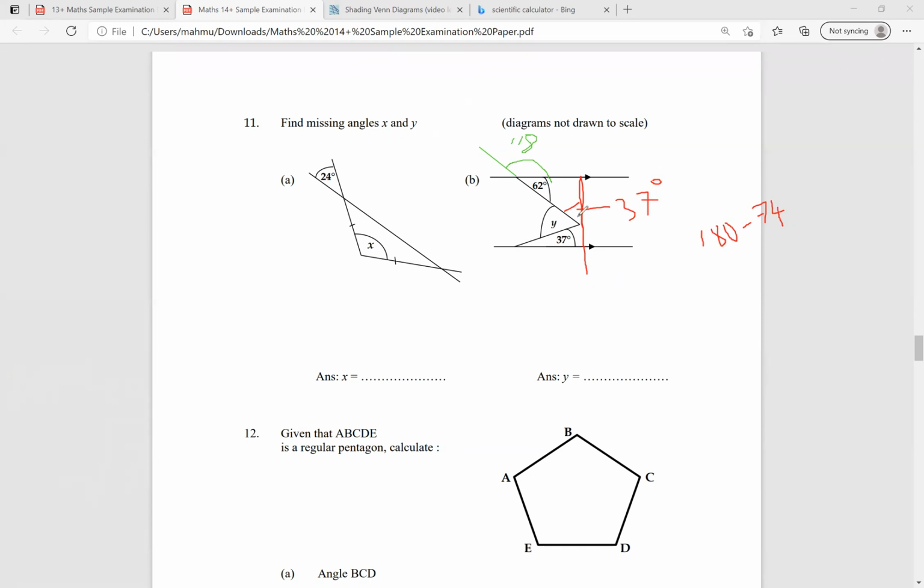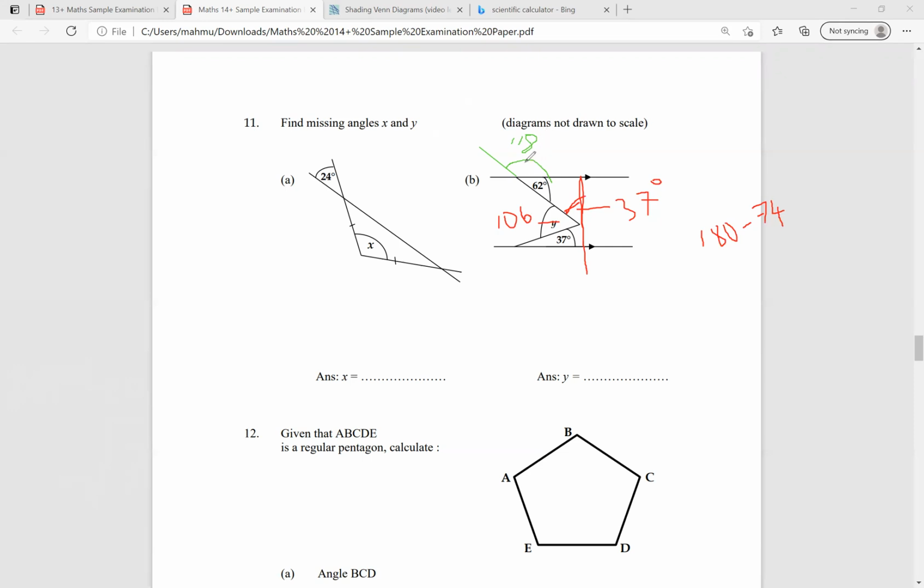If this is 37, this side is also 37. And then 180 minus, so that should be 106. That is 106. I'm just thinking, is there another way of doing it?